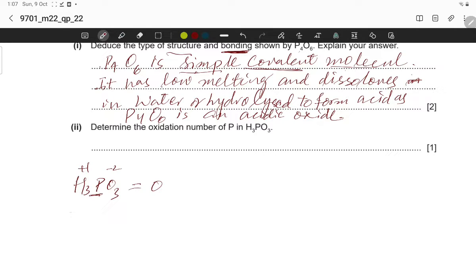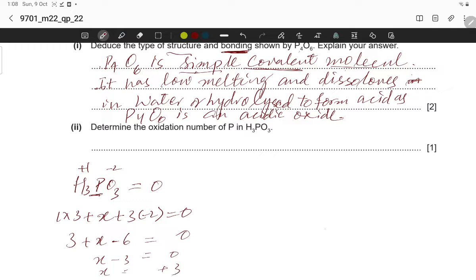So 1 times 3 plus x plus 3 times minus 2 is equal to 0, so 3 plus x minus 6 is equal to 0. So x minus 3 is equal to 0, x is equal to plus 3. So the oxidation number of P in H3PO3 is plus 3.